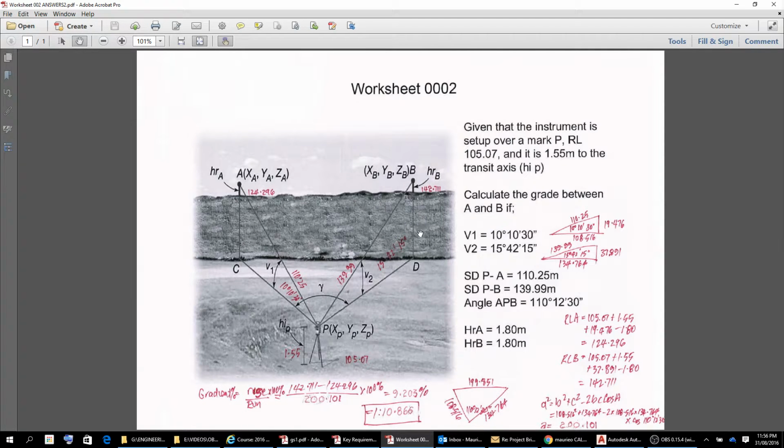All right, so we've got 142.771. So what we've been asked is to calculate the grade between A and B.